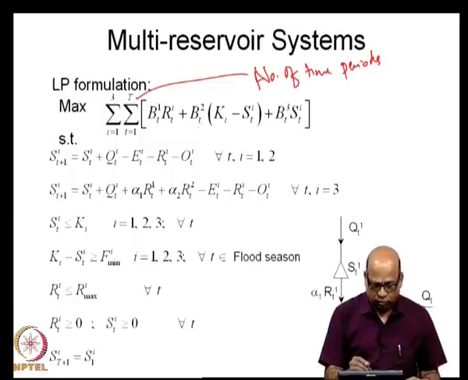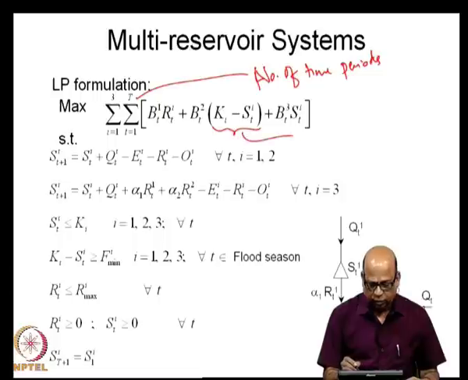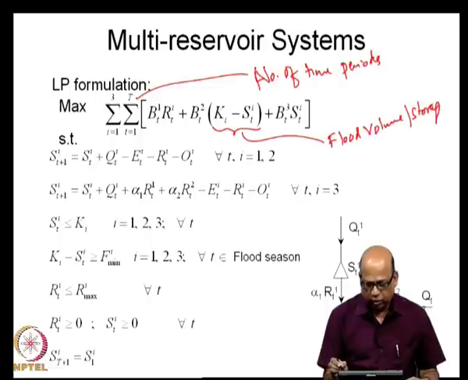Then you come to the second one, you understand this term correctly. This is the flood freeboard, flood volume or flood freeboard or flood storage available in time period T at reservoir I. K I is the capacity of reservoir I.